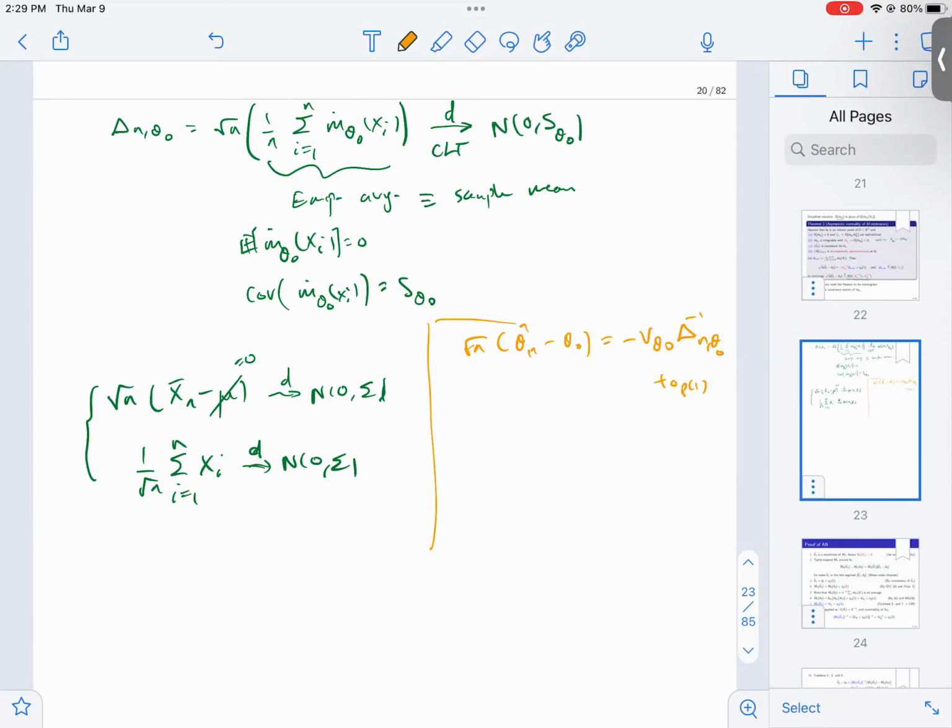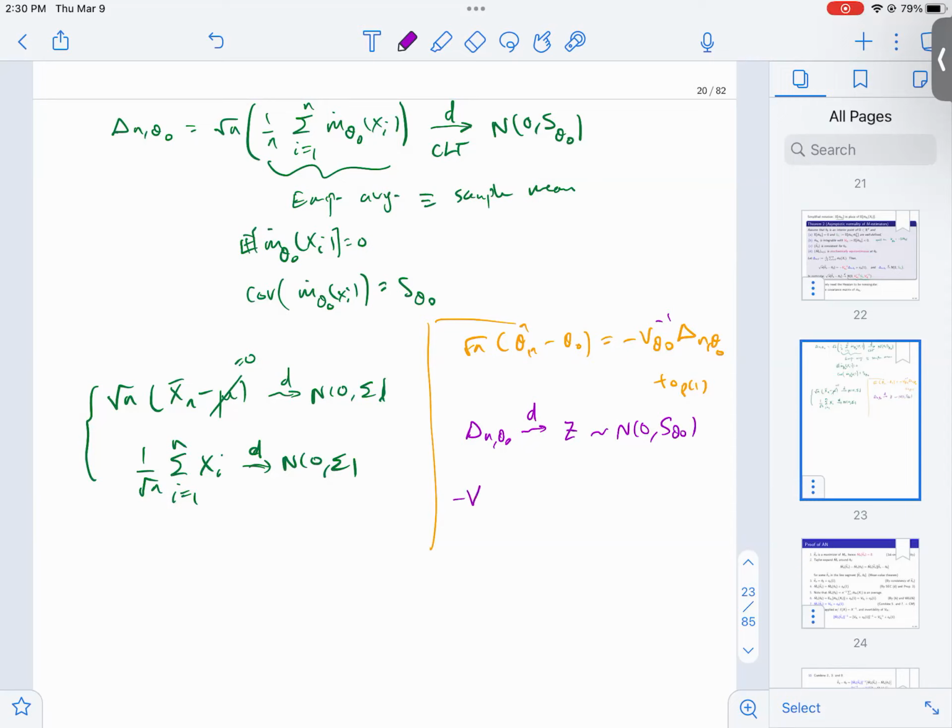And I know that this quantity, delta n theta naught, is converging in distribution to a normal with mean 0 and covariance sigma, so let's call this a random variable Z, where Z is normal 0, S theta naught.